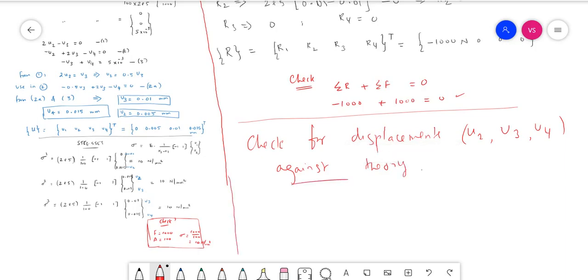We know that, before I go there, we have to be clear about one thing. So this is the bar we discussed. Now this is 1, this is 2, this is 3, this is node number 4.